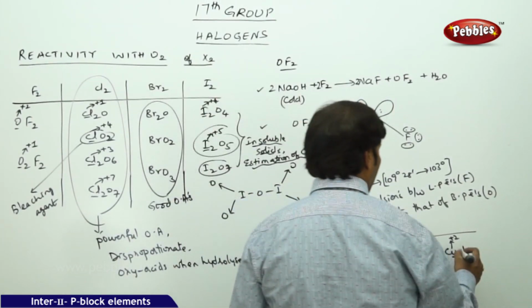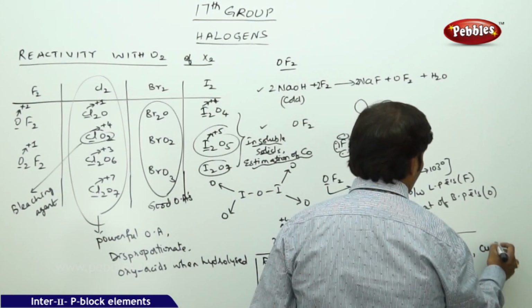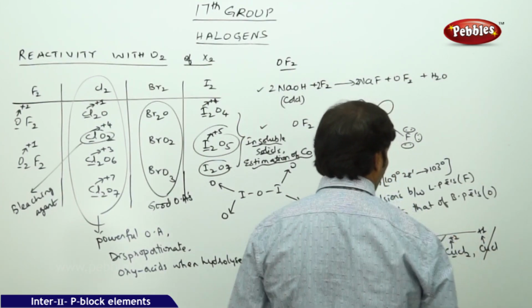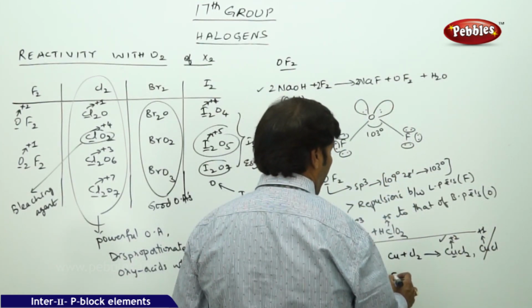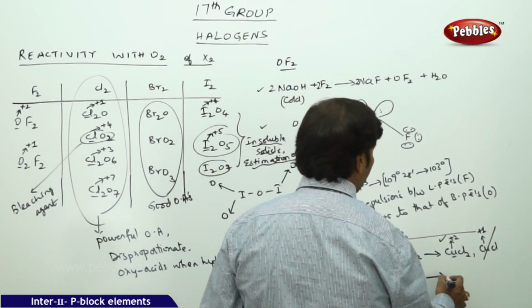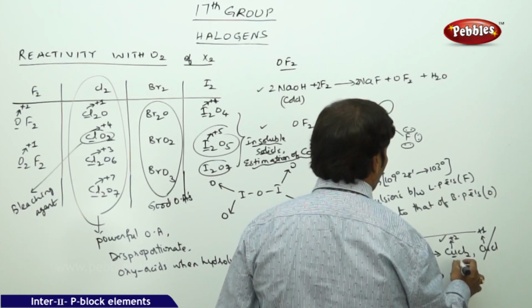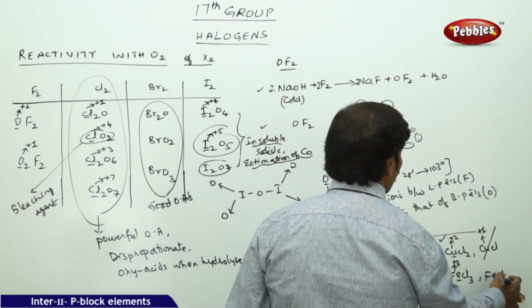Cupric chloride is formed, but CuCl, which is +1 oxidation state, is not formed. We give priority only to CuCl2. Similarly, if iron is treated with chlorine, you get FeCl3. Priority is given to the higher oxidation state chloride, but not FeCl2.